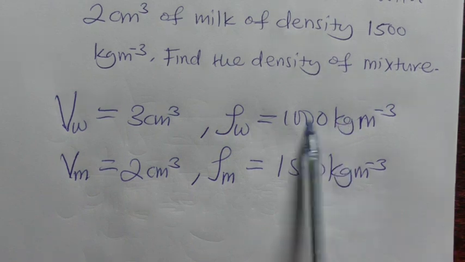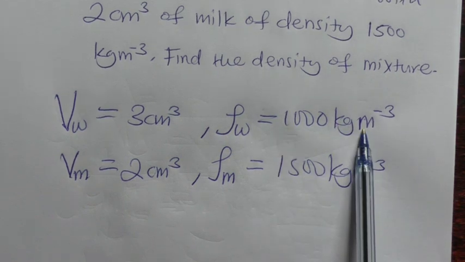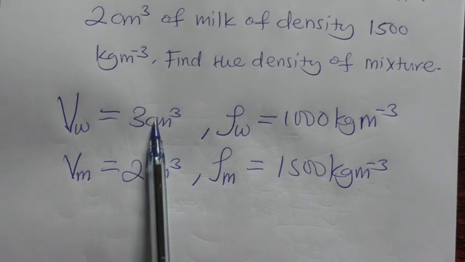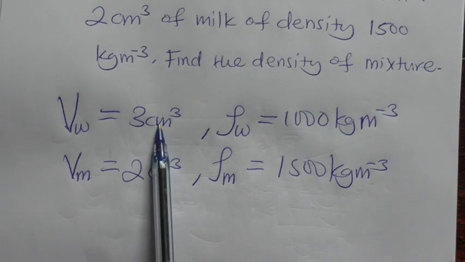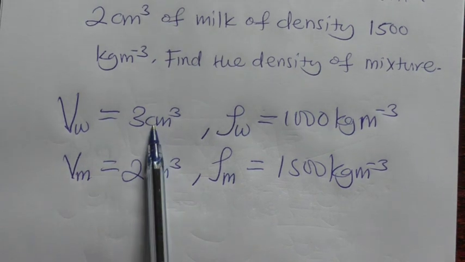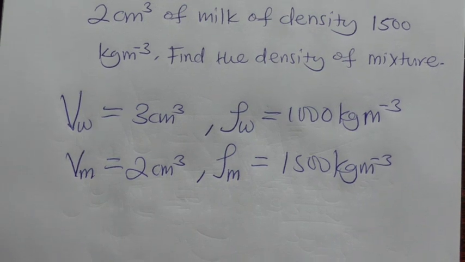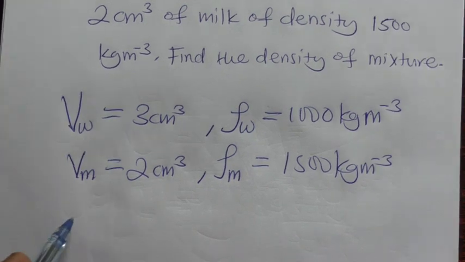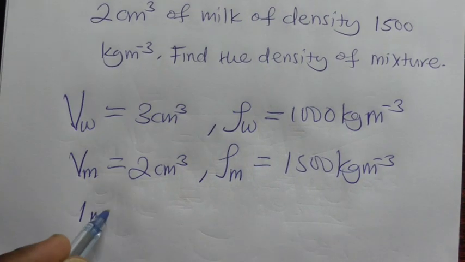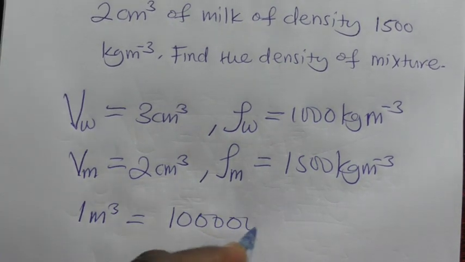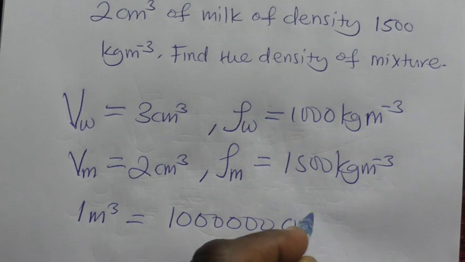We either convert the densities from kilograms per meter cubed to grams per cubic centimeter, or we convert the volumes from centimeter cubed to meter cubed. Either can work. I choose to convert the volumes. We know that 1 meter cubed is equivalent to 1 million centimeter cubed.